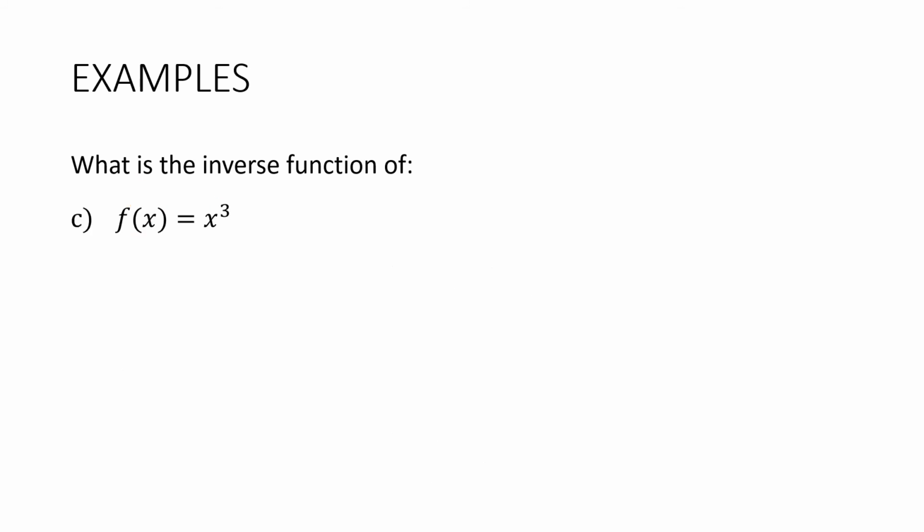Here's another example. f of x is equal to x cubed. So this is y. Switch them around. I get x is equal to y cubed. Now I need to make y the subject. I'm going to switch it around and do y cubed equals x. But how do I get rid of a cubed? I've got to do the cube root. Do you remember that?